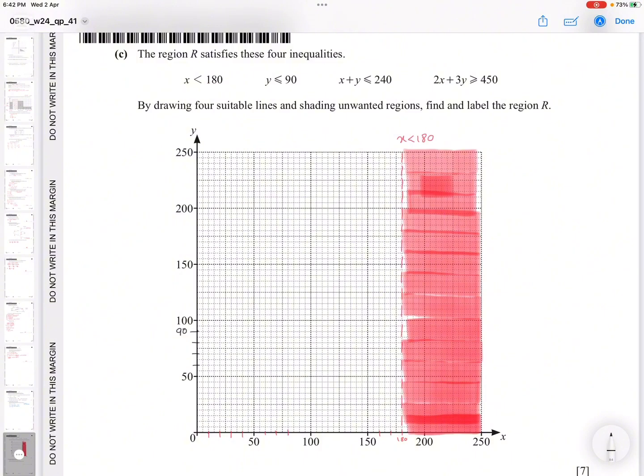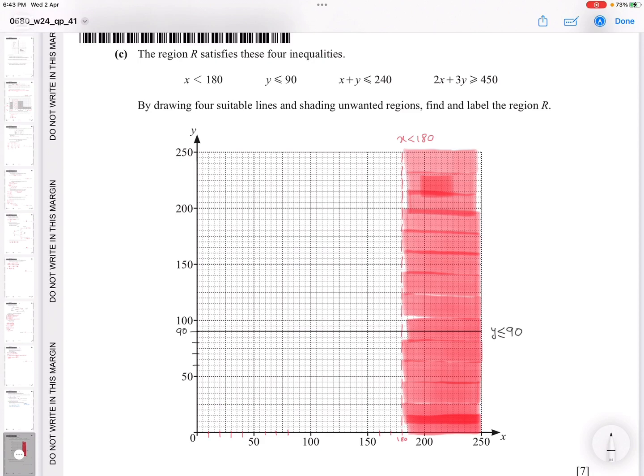This is less than and equal to, so you have to draw a solid line. So you can write y is less than or equal to 90 at one end of the line.